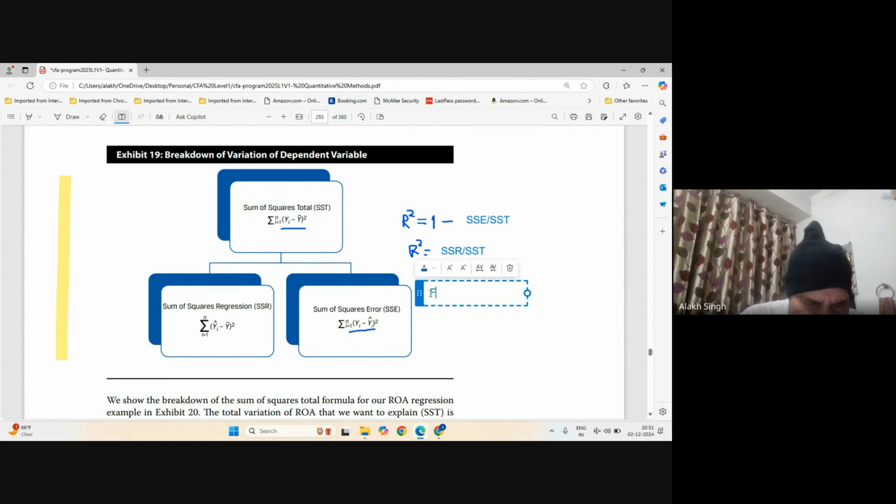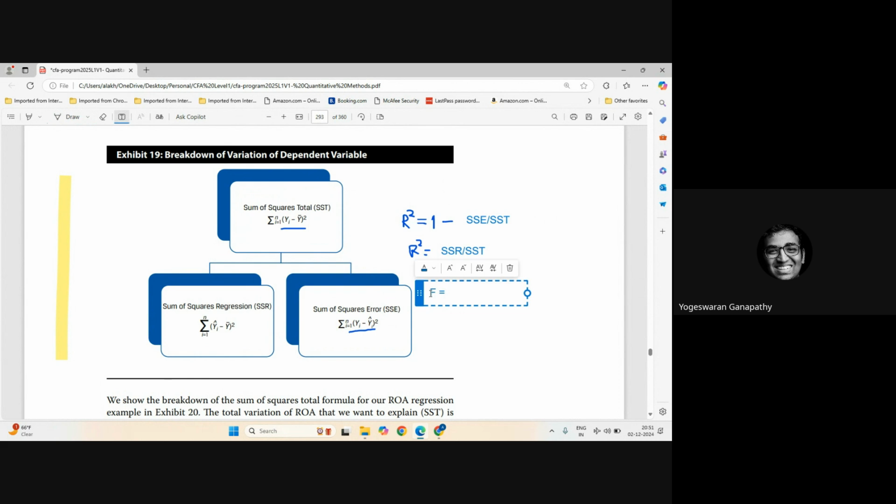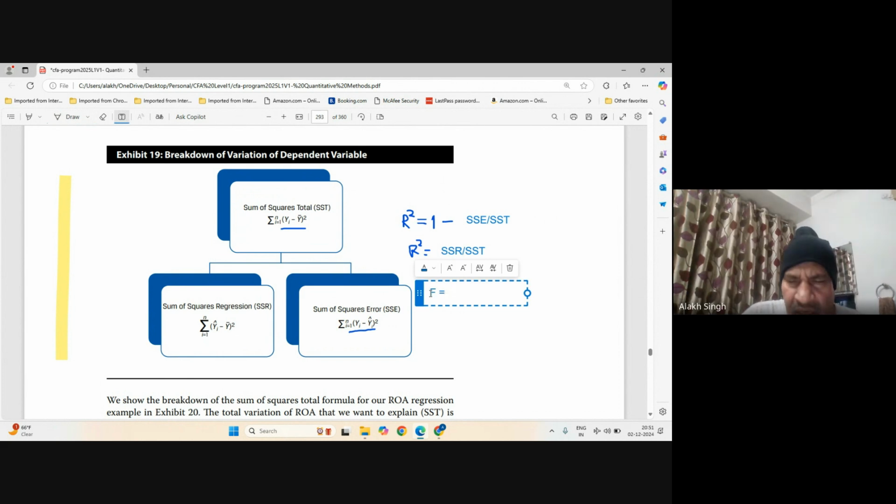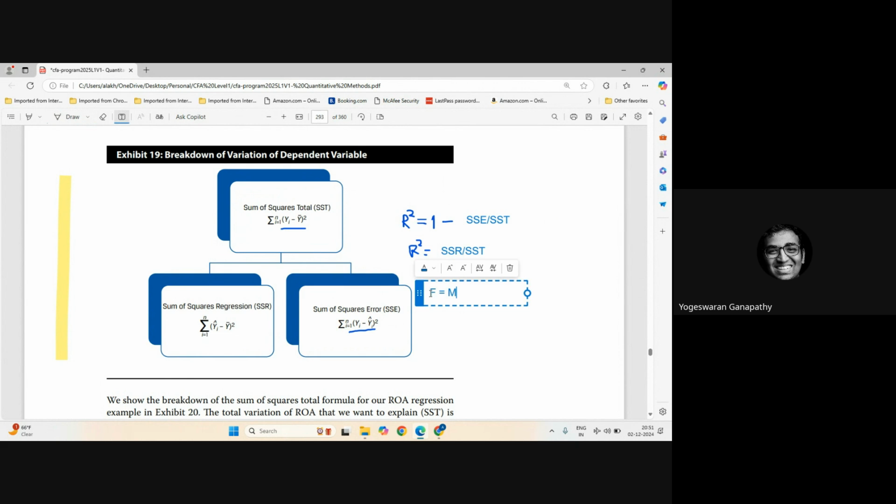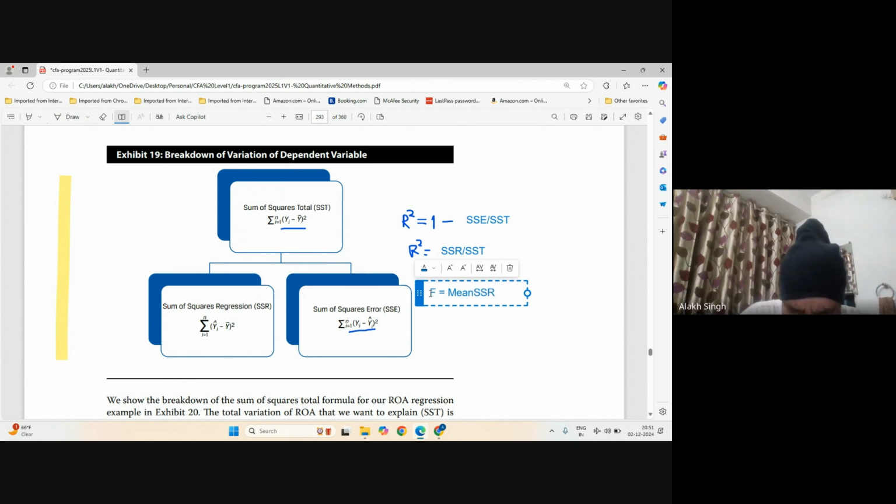F is mean SSR divided by mean SSE, and that is your F. Then for root mean square error, take the error term and divide by n minus 1.